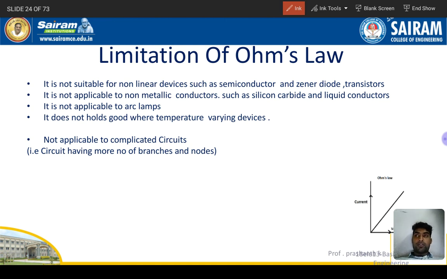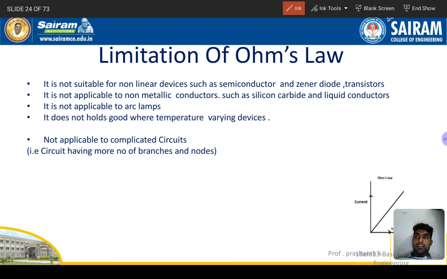Why is heat produced in electrical appliances? Because of these semiconductor transistors and zener diodes. If current increases, the resistivity decreases. I mean, if temperature increases, that's why we are getting heat in electrical appliances.